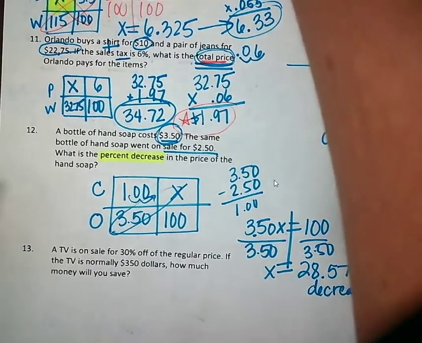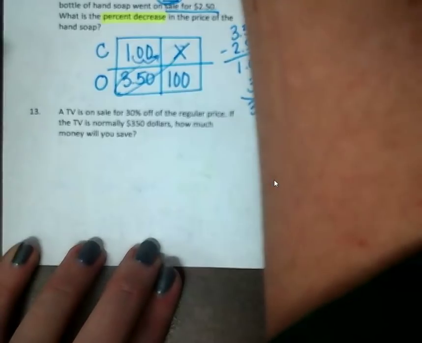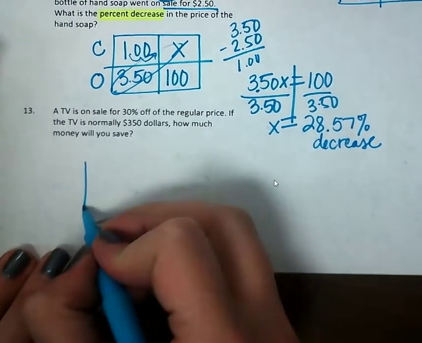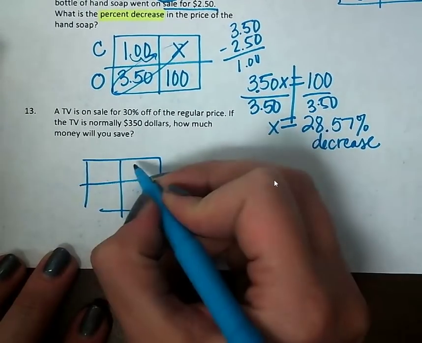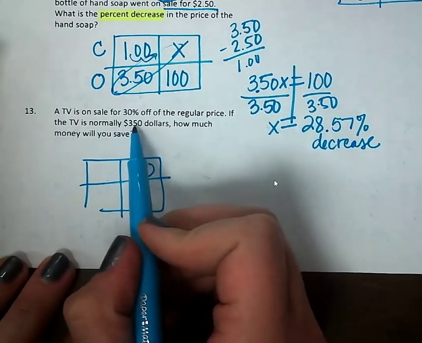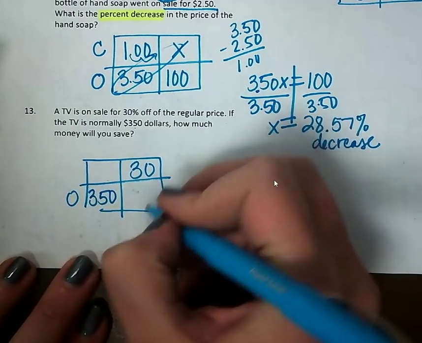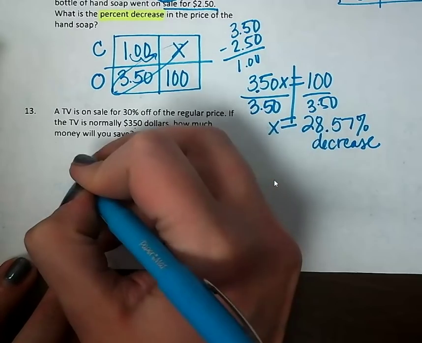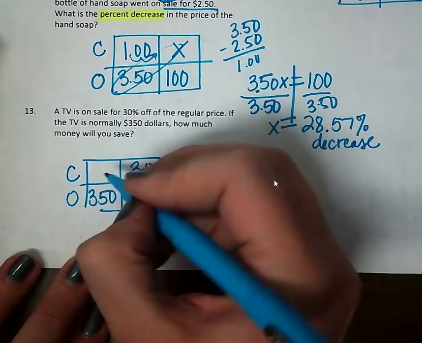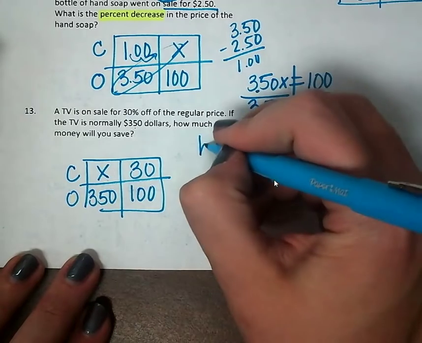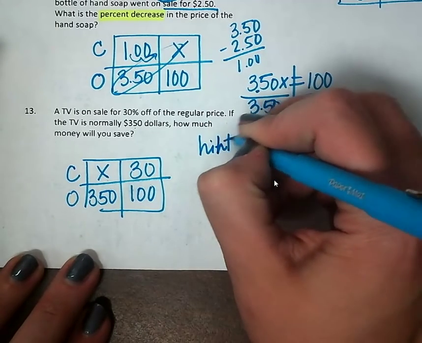Awesome. Last question here. TV is on sale for 30% off. The TV is normally $350, so that's going to be original price. How much money will you save? This technically could be a percent of change question, but this is also where we could use this hint. Okay?